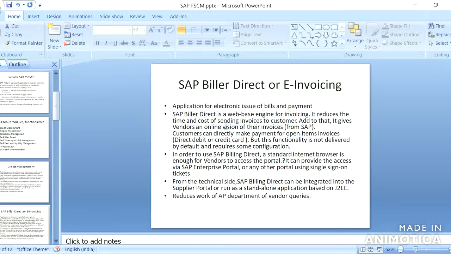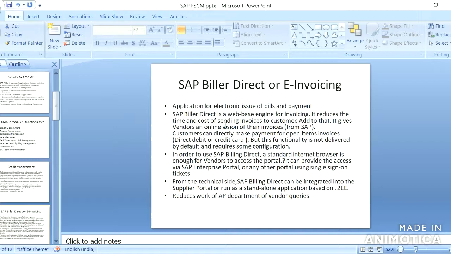Normally, when the customer purchases some product, vendors send their invoices through normal physical mail, which incurs some expenses.